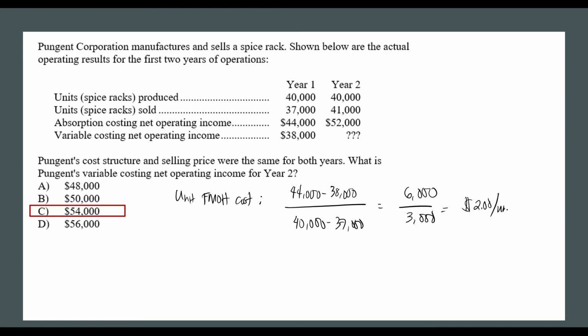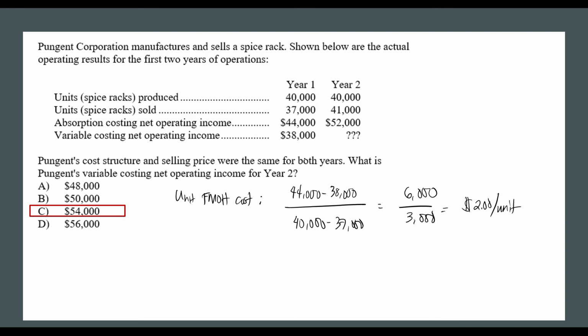per unit. So in year 2, we have a net operating income of 52,000 under absorption costing, and we need to analyze the units produced and sold. In this case, we have lower units produced than units sold. So what can we infer here?